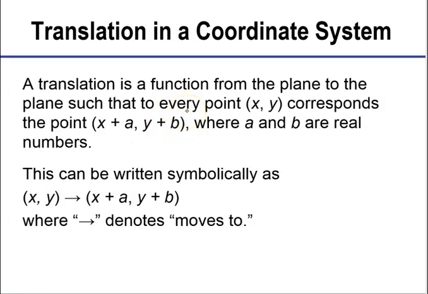Where a and b are real numbers, could be any real numbers, this can be written symbolically. So notice the notation here. You say xy moves to x plus a, y plus b. In other words, when you have coordinates, you just plug them in. X value goes here, y value goes here, and that creates new x, y values to represent your translation.